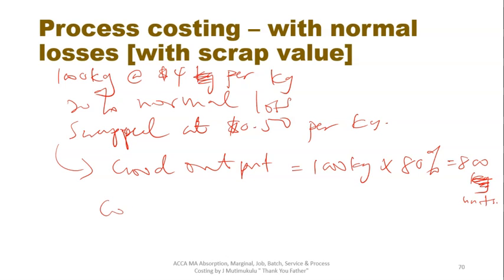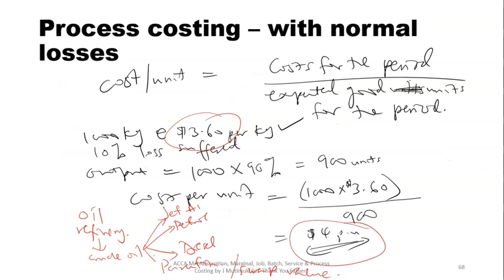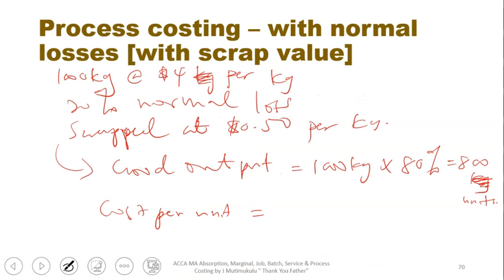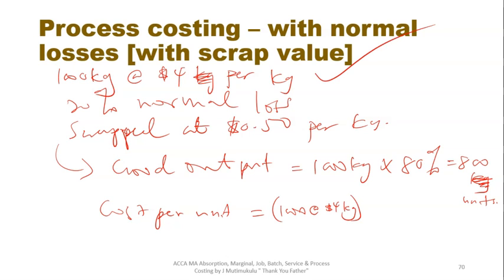So in terms of the monetary value of the output, the cost per unit of output, we use our original formula, because our formula is going to guide us. The cost for the period has been 1000 kgs at $4 per kg, but we are recovering something to reduce that cost.